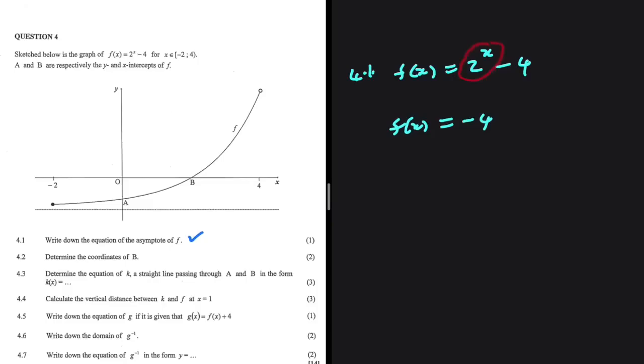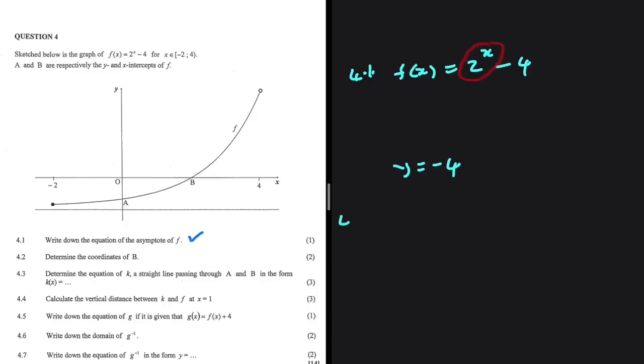We get very close to 0, but we never touch 0. So that tells us that our asymptote is y equal to minus 4, because our graph cannot touch y equal to minus 4, because 2 to the power x will never be equal to 0. We just get close to 0, but we never actually get there.